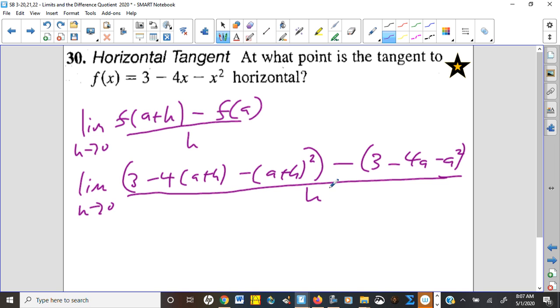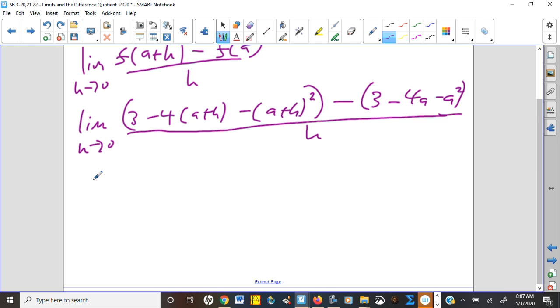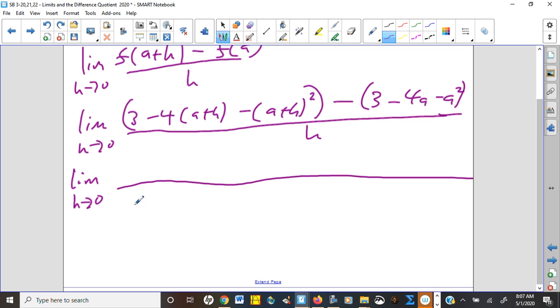All right, so you can see already it's going to be kind of sloppy just because there's so many pieces to begin with. But then eventually we know that most of those pieces are going to cancel out. We just have to be patient enough to get that through. Drawing lines on this little thing is not as easy as it should be. So 3 minus 4a minus 4h, don't forget to distribute that minus sign, right?